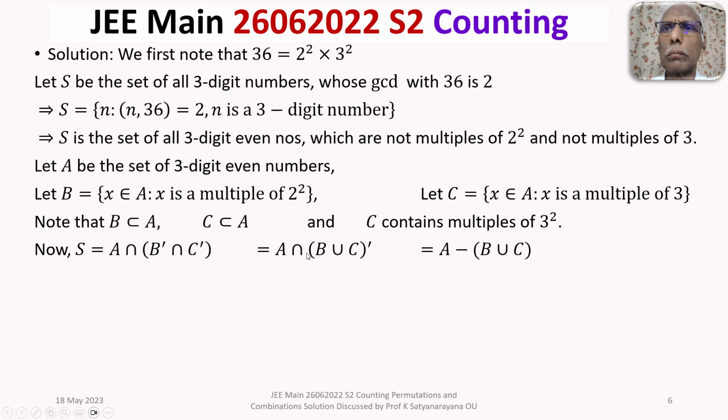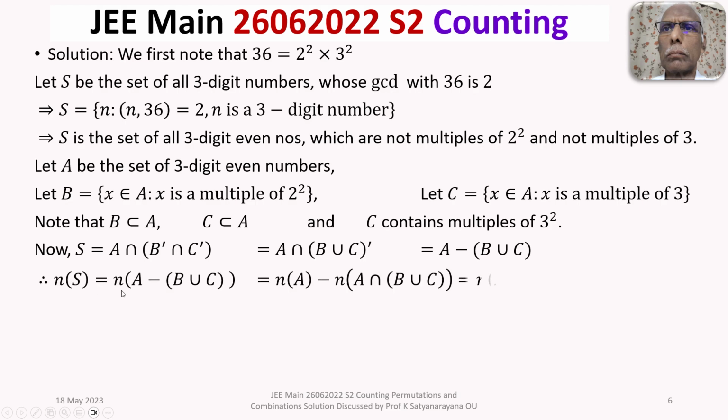Now A intersection (B union C) complement is equal to A minus (B union C). Now what do we want? We want the number of elements in S. So n of S will be n of A minus (B union C).